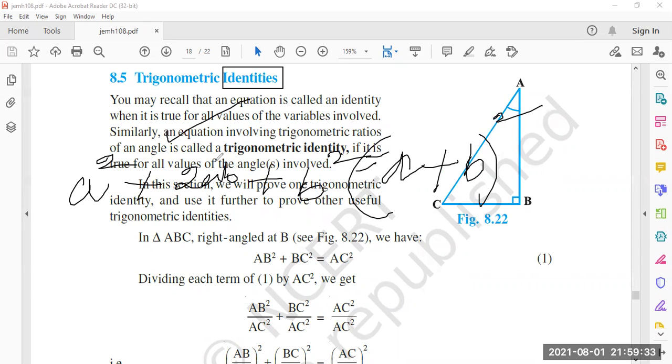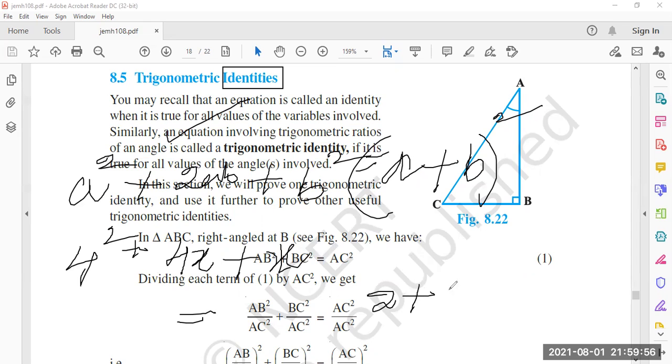We use this identity to solve certain examples, like if it is 4 plus 4x plus x square, it is simply 2 plus x whole square, because if you expand it, you'll get back this one.